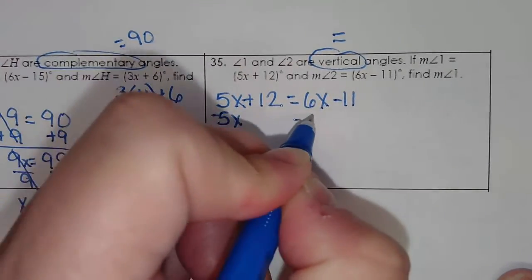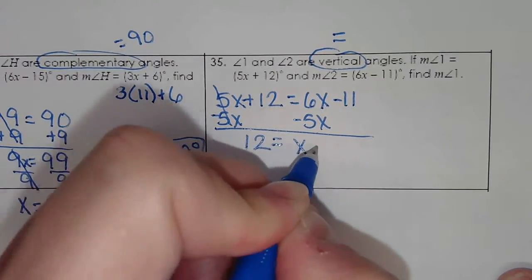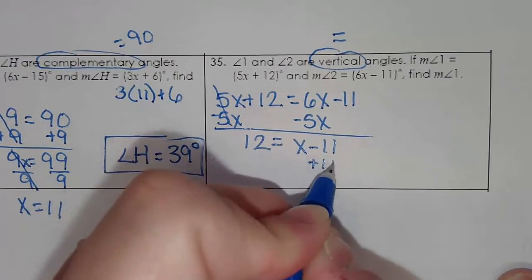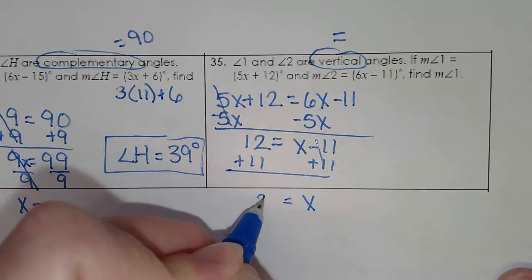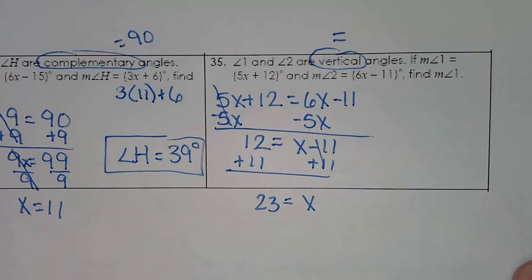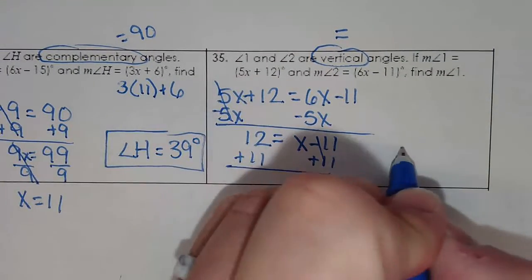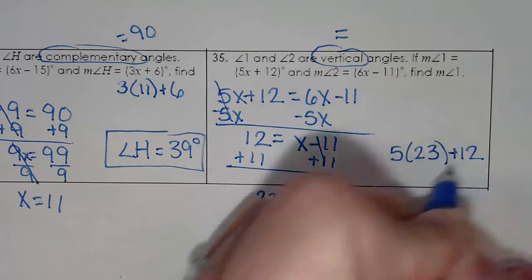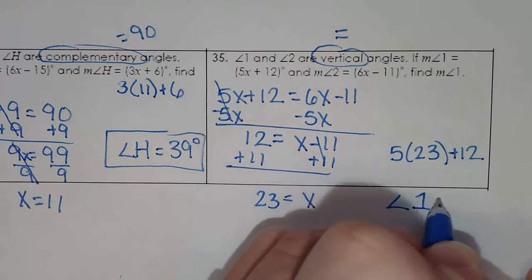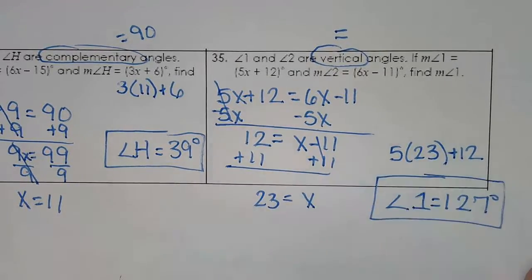Subtract 5x. 12 equals x minus 11. Add 11. You get x equal 23. And then we have to plug it back into angle 1. So we're going to do 5 times 23 plus 12. And you find angle 1 to equal 127 degrees.